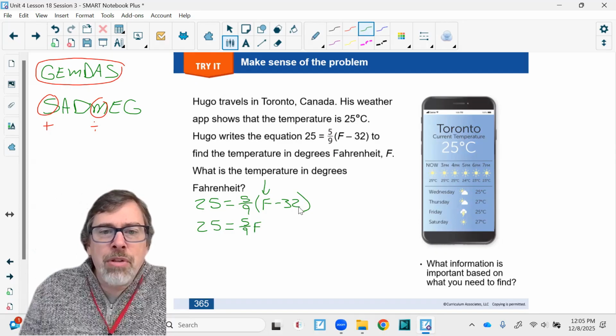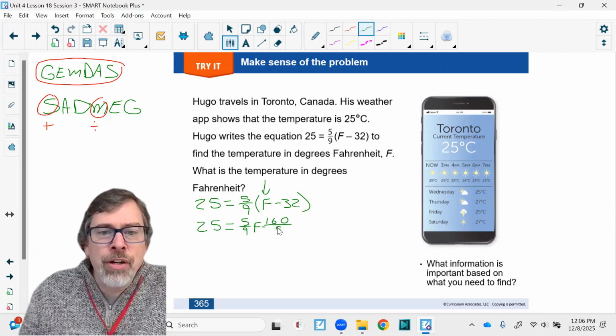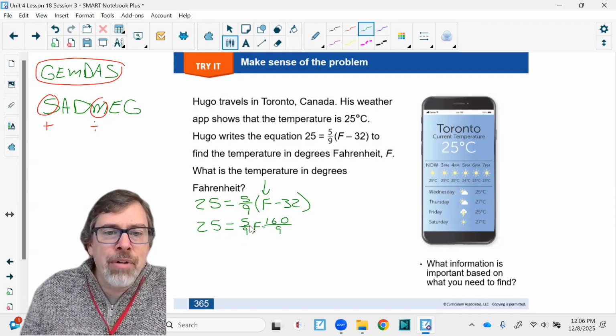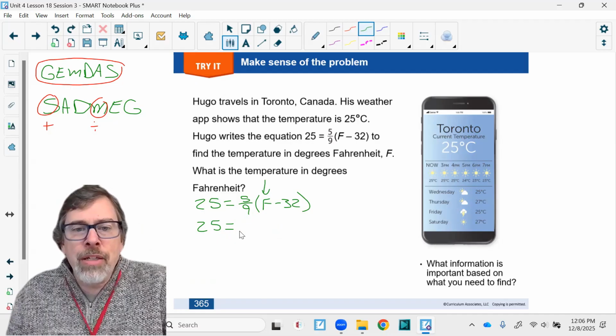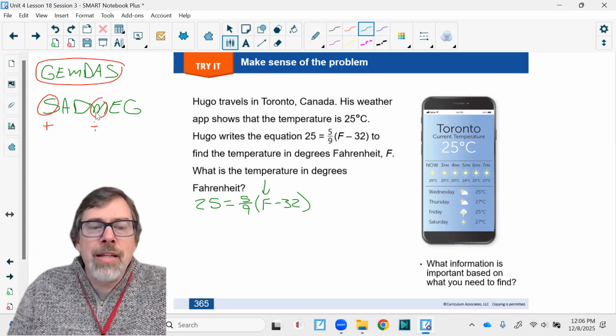And 5 times 32 is 5 times 2 is 10, 15, 160 over 9. So it'd be 5/9 F minus 160 over 9. Now that this is simplified, I'd add 160 over 9 to 25 and then get rid of this 5/9. However, there's a much easier way to do this than to do GEMDAS, then SADMAG.